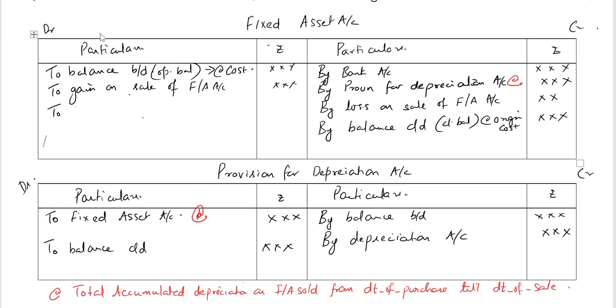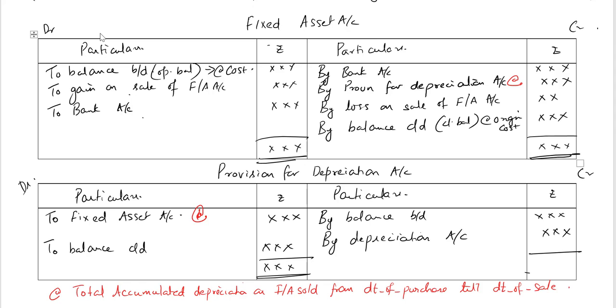Purchase of fixed asset comes as to bank account. The account balances and the provision for depreciation account also will balance.